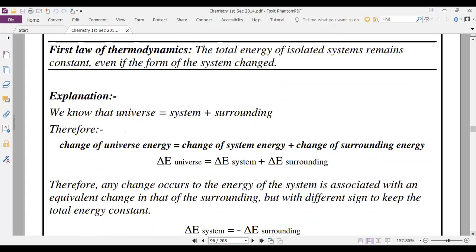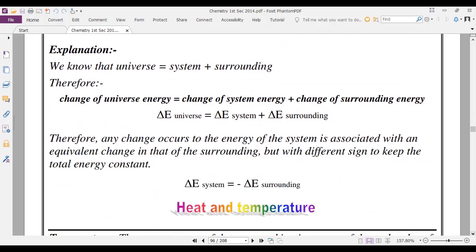By simple notation, delta E universe, the change in the universe energy, equals delta E system, the change in the system energy, plus delta E surrounding, the change in surrounding energy.